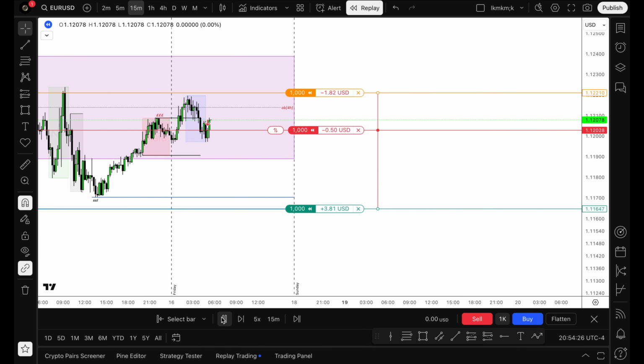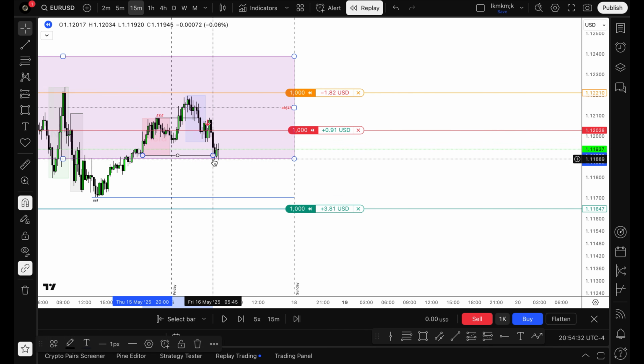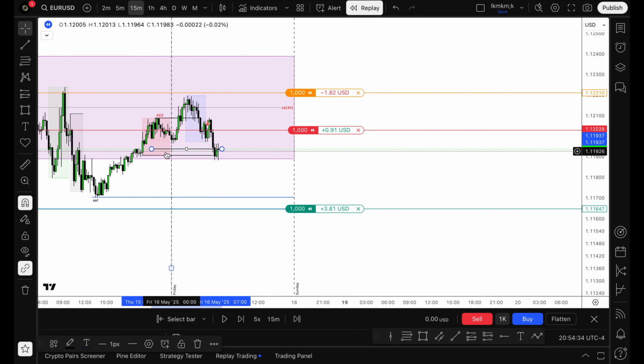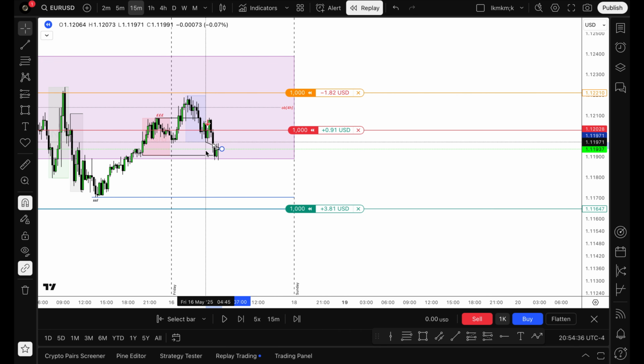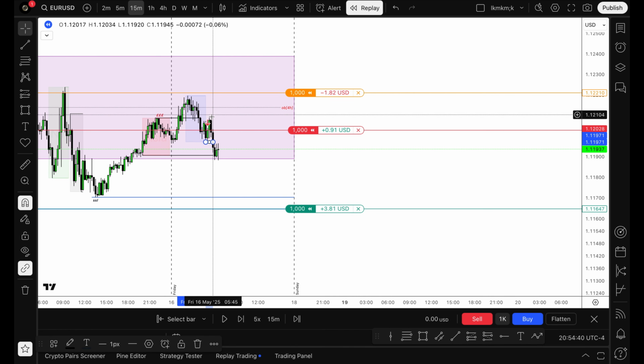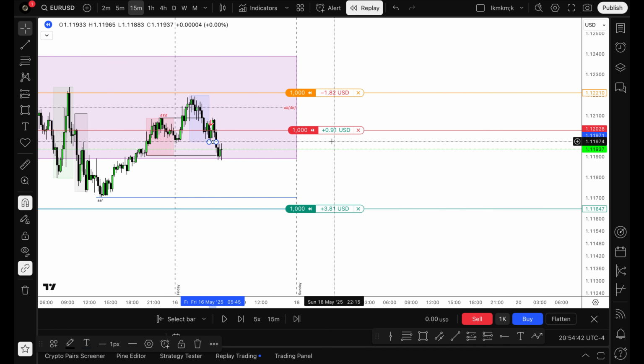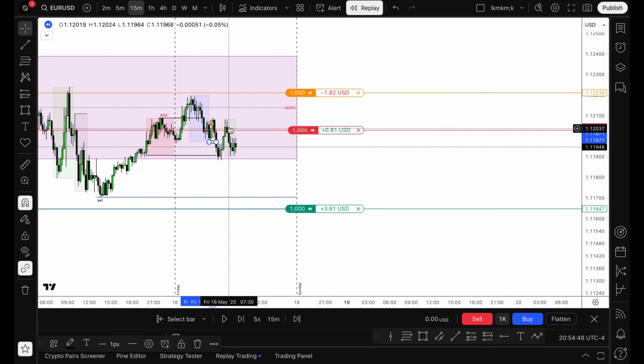Yeah, we carry on printing. Asian session's low has just been taken, as well as the London session low. So price has punched through that, and now we have the New York session open. We could have got another entry in there.